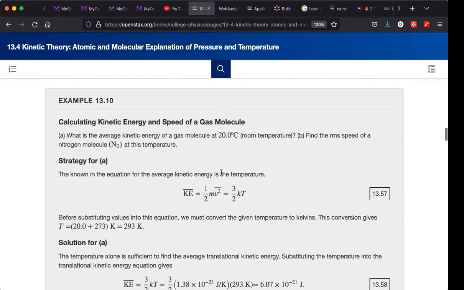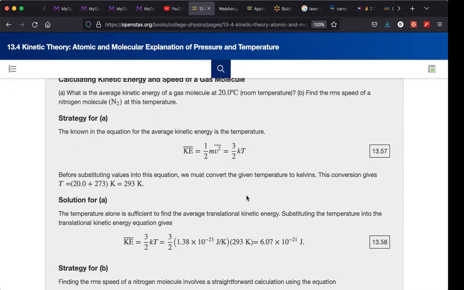And in this example, they're going to calculate the kinetic energy and the speed of a gas molecule. The kinetic energy of a particular molecule is just 1/2 mv squared, but that's also equal to 3/2 kT, because of what we did previously when we ended up with that 3 times n times m times v squared.